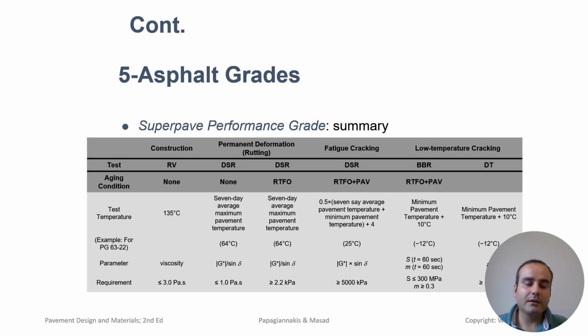This table shows the different tests that are involved in performing the Superpave performance grading system. As mentioned in the previous slide, there are different types of tests including rotational viscosity, DSR, BBR, and direct tension.